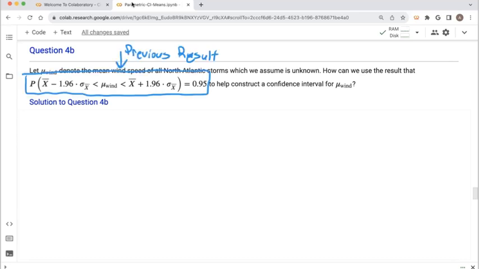Okay, so now let's use that previous result to come back and help us construct a 95% confidence interval to estimate, in this case, mu sub wind, which is denoting the mean wind speed of all North Atlantic storms. Okay, and so this is a population parameter which is unknown. But what I do know is that I pick a sample, it has a mean x bar.